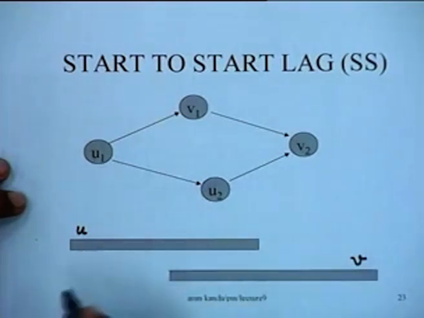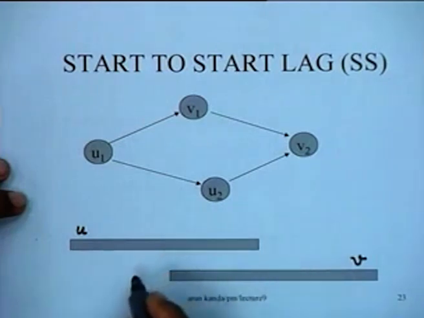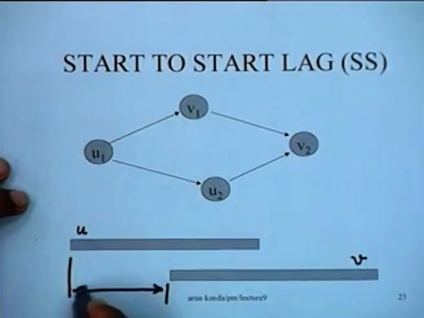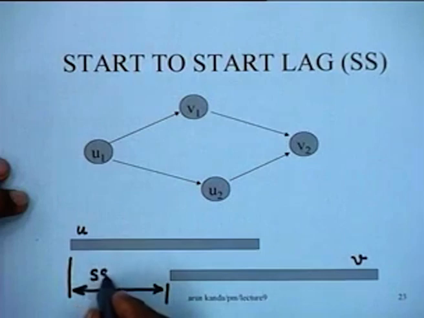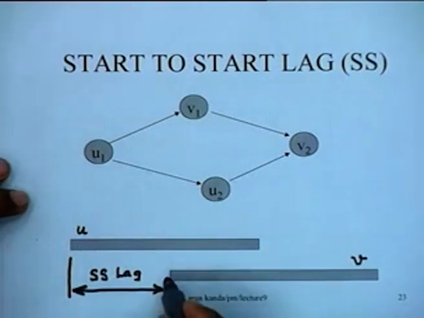But what happens now is that a start to start lag means essentially that this particular interval is called the SS lag, which you specify. So if this is specified as 4 days, what it means is that the start of activity V will take place at least 4 days after the start of U. The constraint is only on the start.